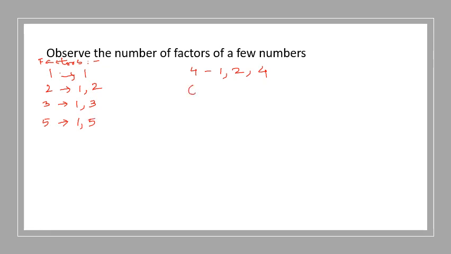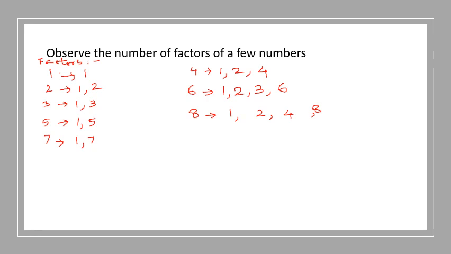Factors of 6. You'll get 1 is a factor, 2 is a factor, 3 is a factor, 6 is a factor. 1 into 6 is 6, 2 into 3 is 6. 7: 1 and 7 only. There are no other factors. 8: 1 and 8, then you have 2 and 4.